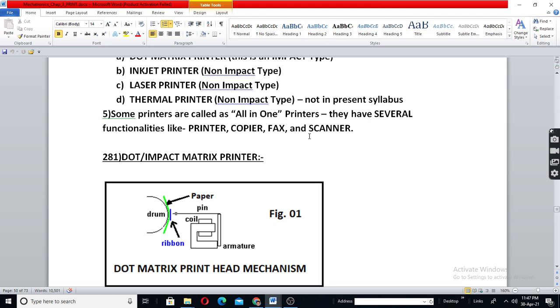One printer today has a copier, a scanner, and some have fax also. Today, fax machines are becoming less important because of advanced technologies, but still they are in use.